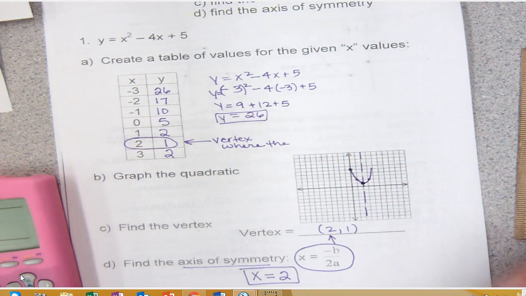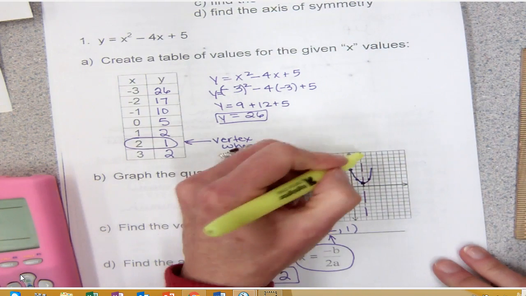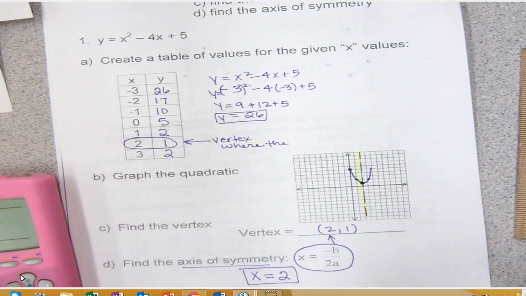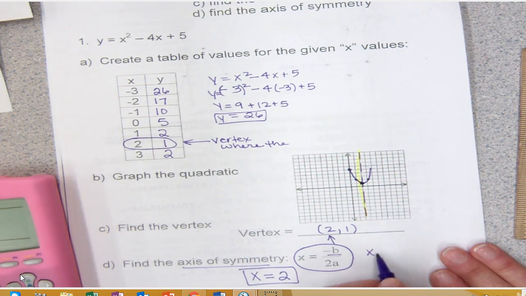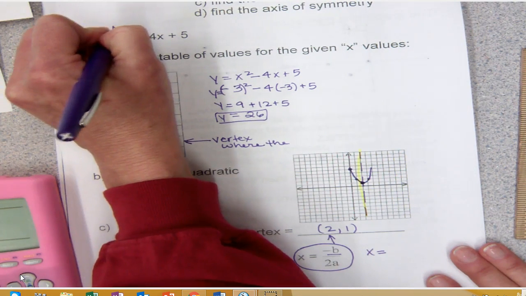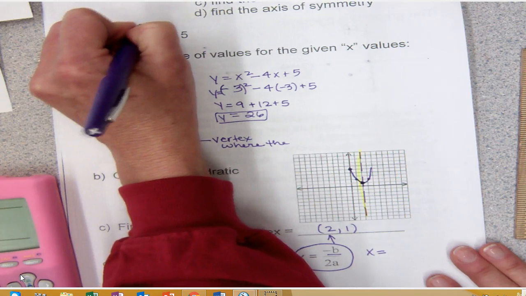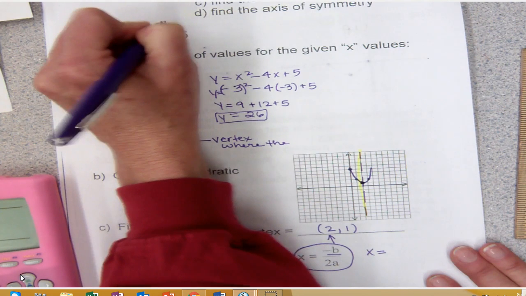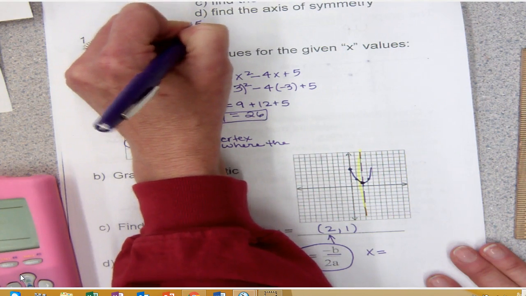Now I can plug this into the formula, where a is 1, b is -4, c is 5.